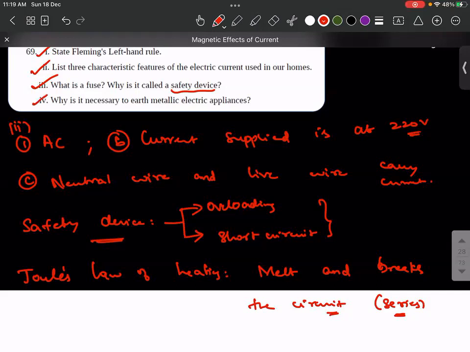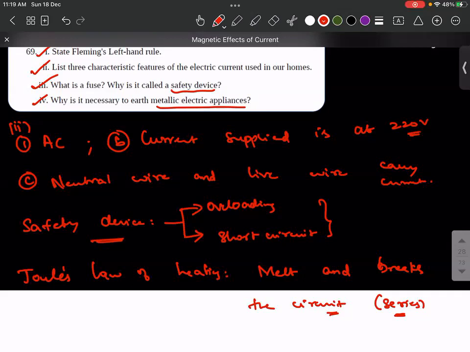And last, why is it necessary to earth metallic electric appliances? Basically metals are good conductors of electricity, right?